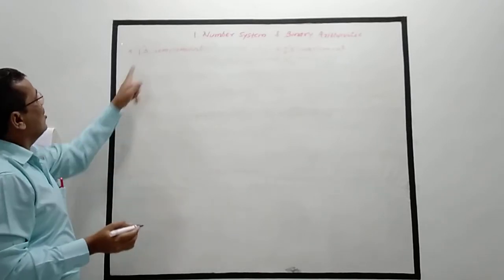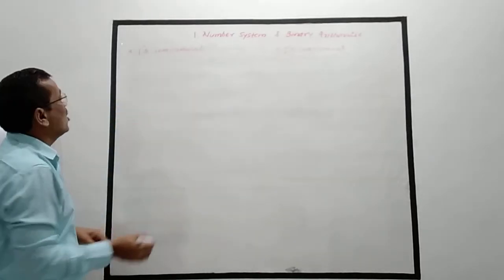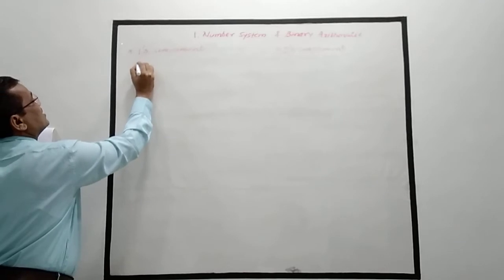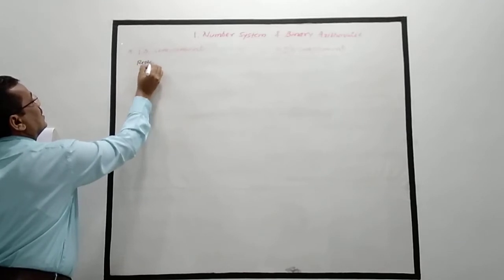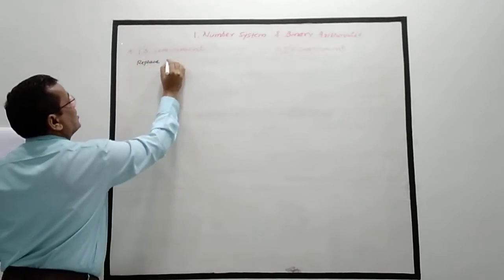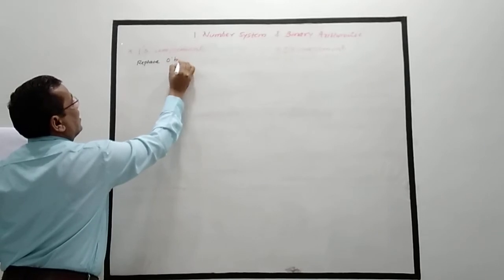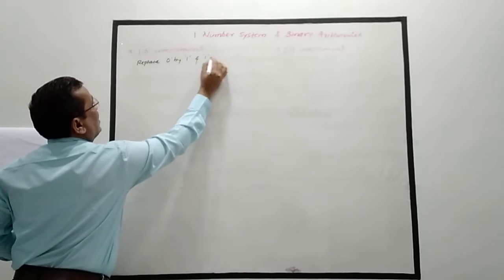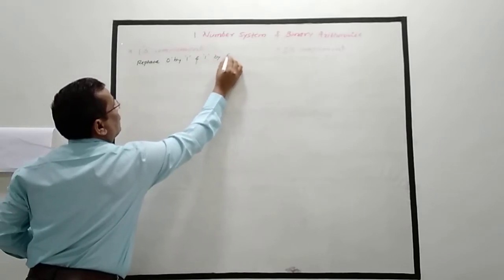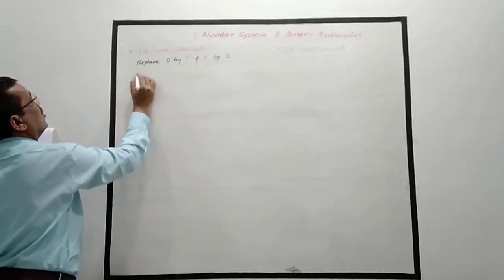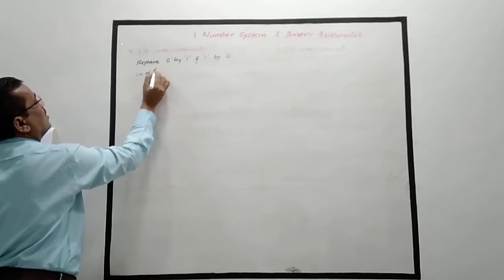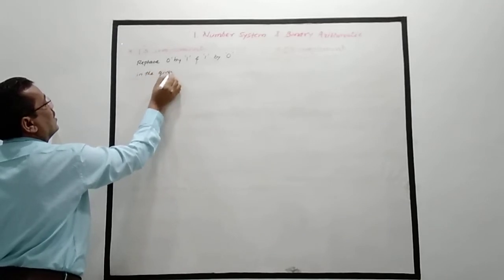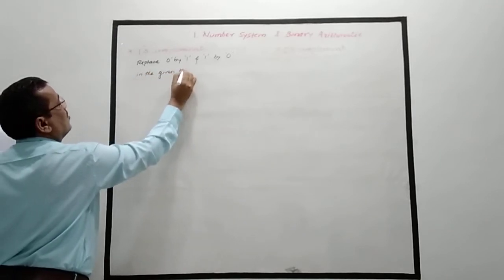So the definition of ones complement is: replace 0 by 1 and 1 by 0 in the given binary number.